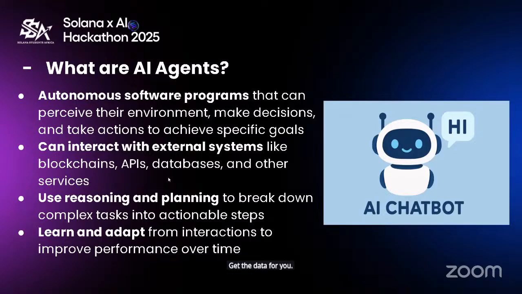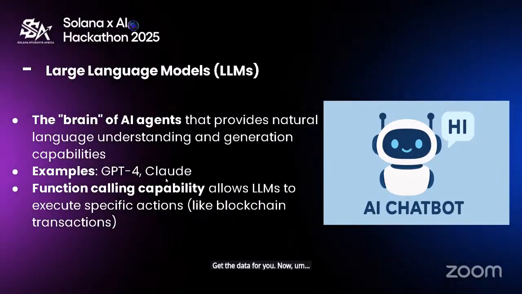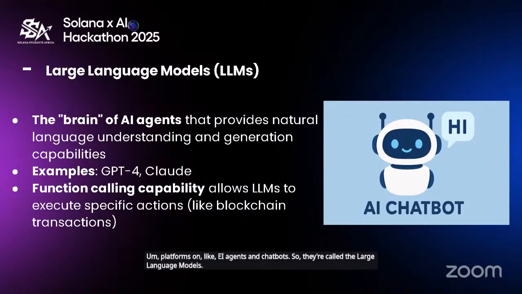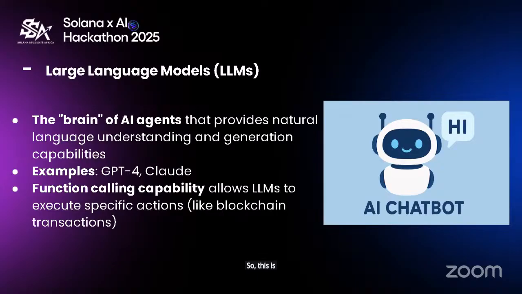Now, what is the brain of these AI platforms and AI agents and chatbots? So they are called the large language models. So this is your Claude, your GPT-4, all these guys are LLMs.